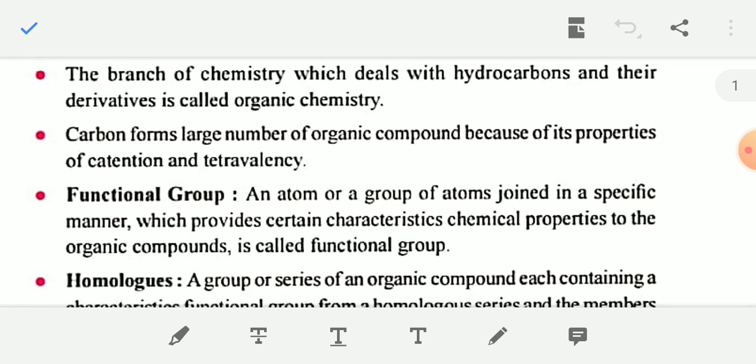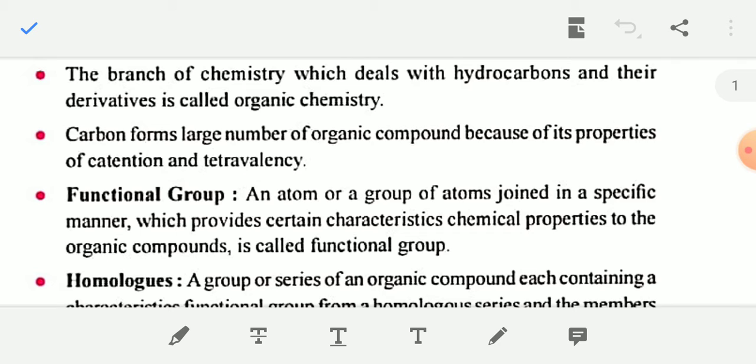And due to two special characteristics or properties of carbon, that is catenation property and tetravalency, carbon forms a large number of organic compounds: open chain structures, branched chain and ring compounds.